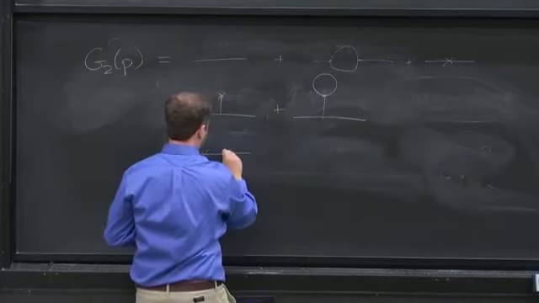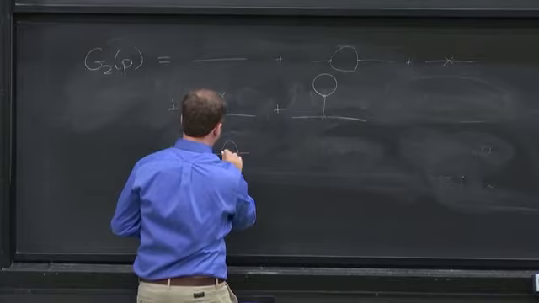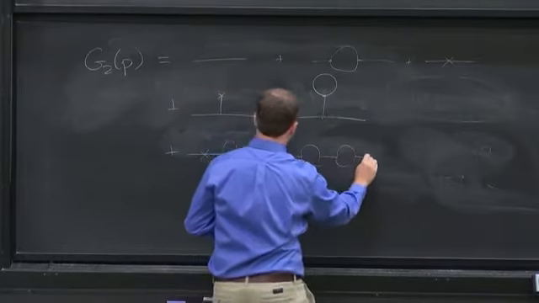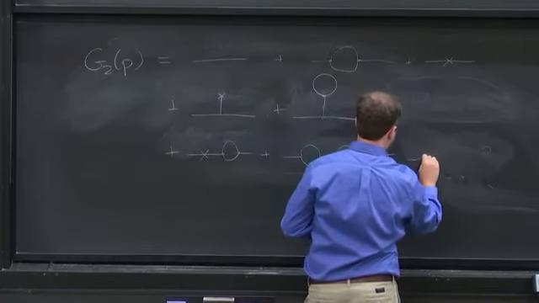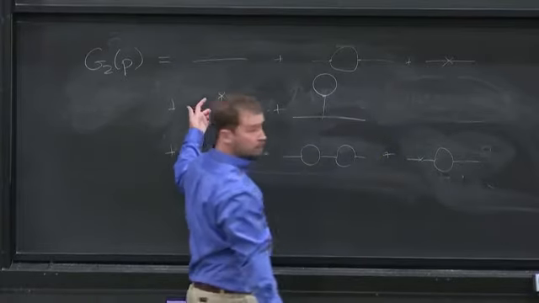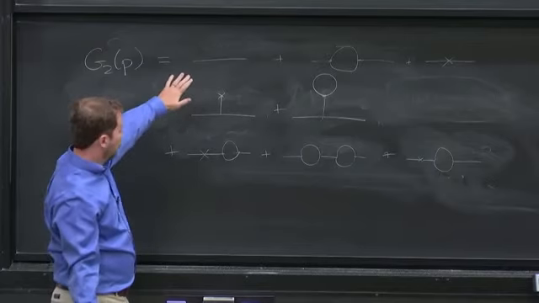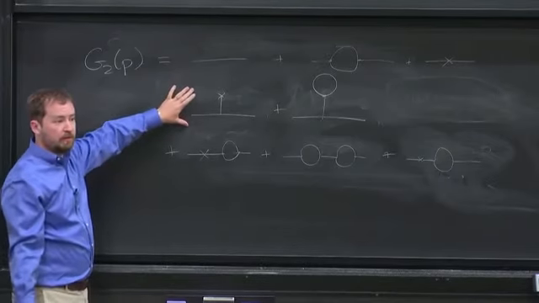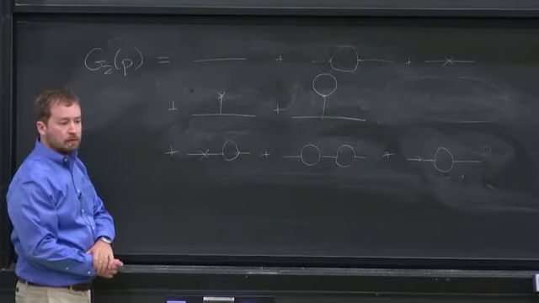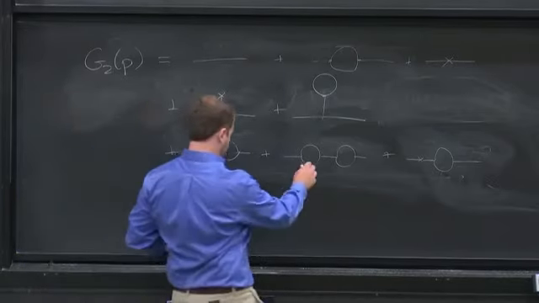Have a term like this. Or like this. Or like this. And I may be missing some. There's lots of terms we can draw at this order. Can we say anything about the terms in this line? Some of them count as tadpoles or no? Tadpole. So this line vanishes.